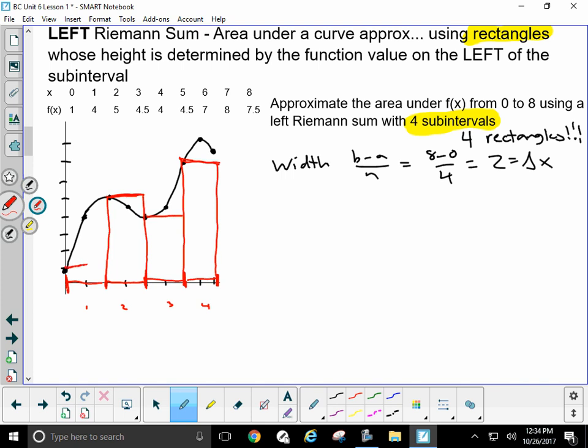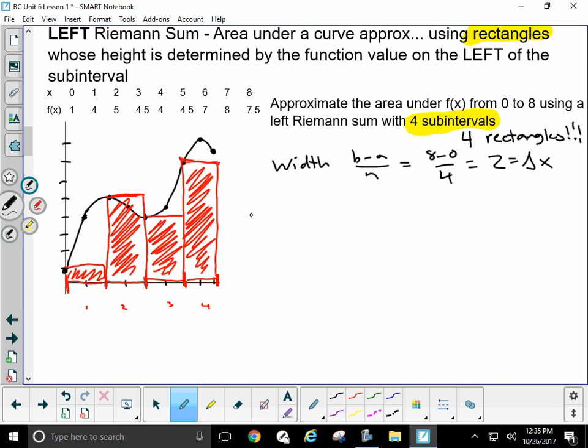Okay? We formulaically plot down these 4 rectangles. By adding the areas of these rectangles, which we know the area formulas of, we will have an approximation for the area under the curve.